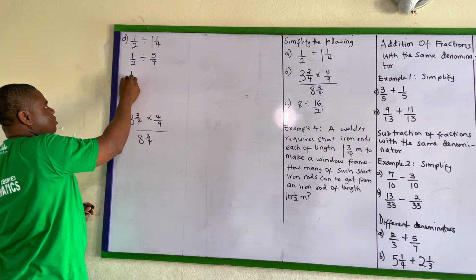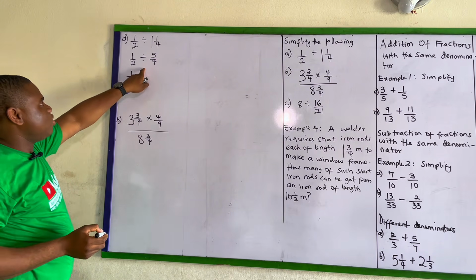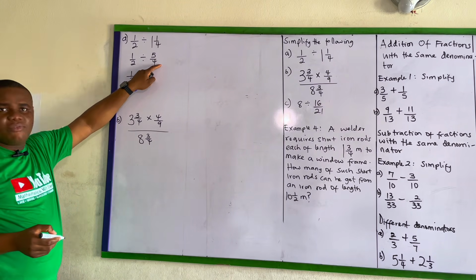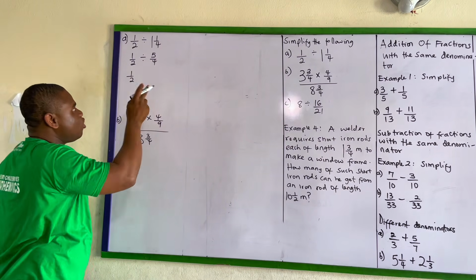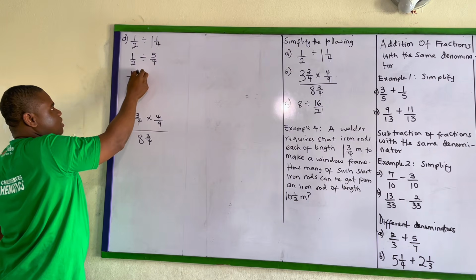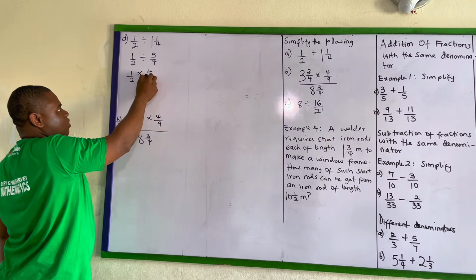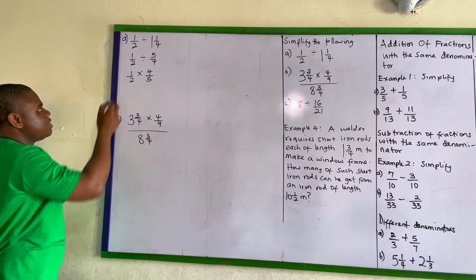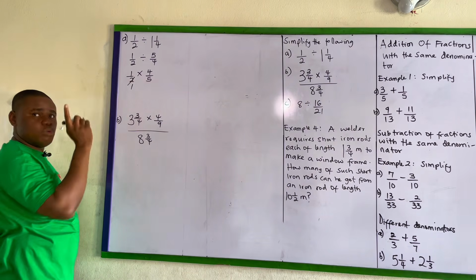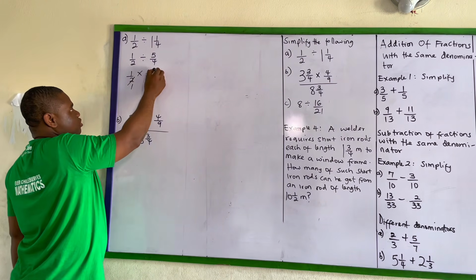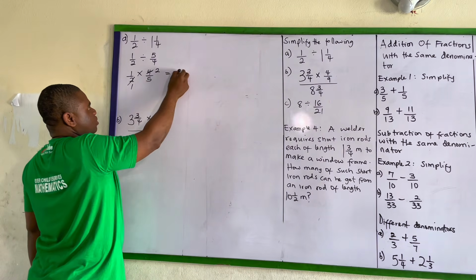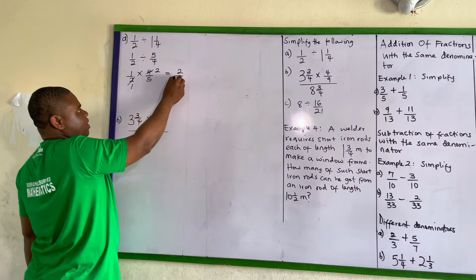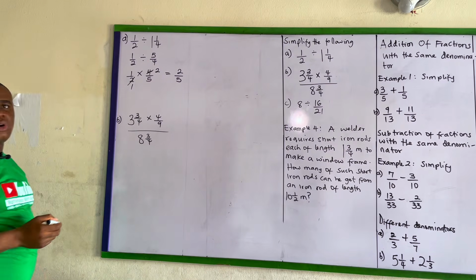Now I will not be able to do anything until I find the reciprocal of 5 over 4. The reciprocal of 5 over 4 is 4 over 5. That means I have to do times 4 over 5. 2 goes into itself 1, 2 goes into 4 2 times. So I'll be left with 1 times 2 is 2, 1 times 5 is 5. So the answer is 2 over 5.